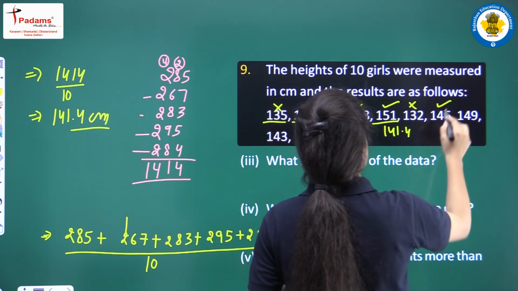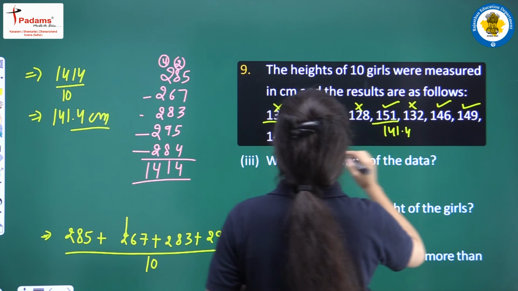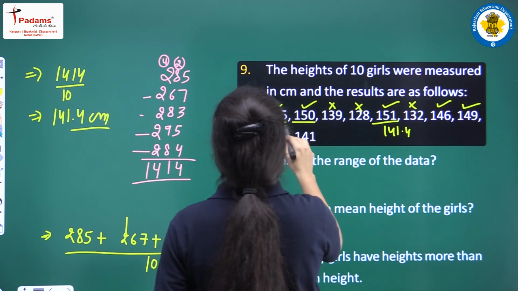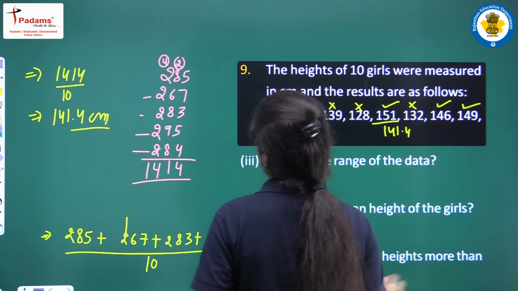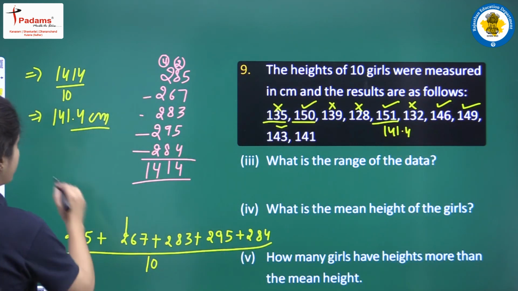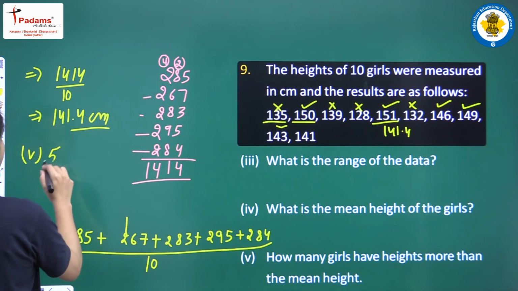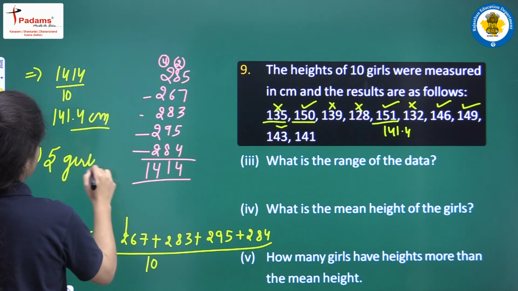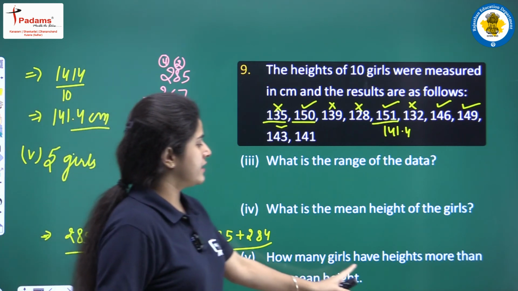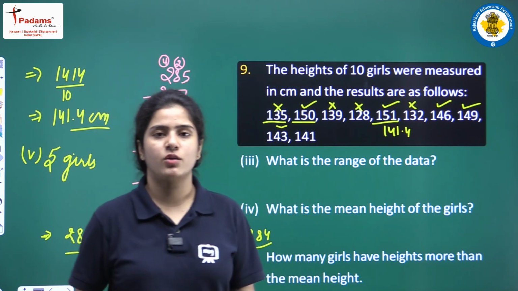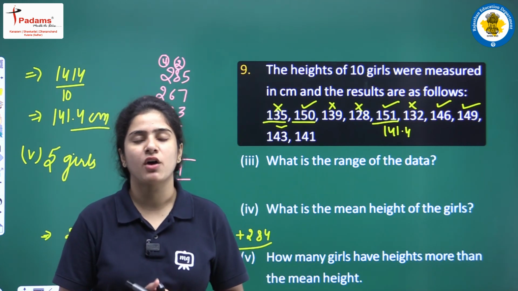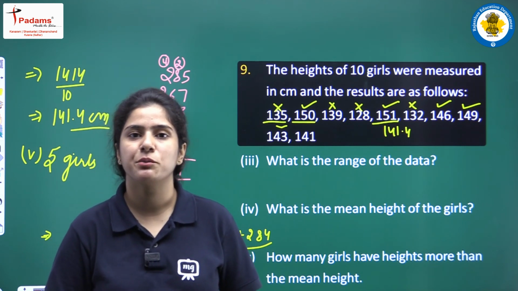No, this is also greater, this is also greater. Now students, this is also greater. So 1, 2, 3, 4 and 5. So students, the answer of the fifth part is 5 girls. How many girls have height more than the mean height? 5 girls. Alright students, so we have already completed exercise number 3.1.